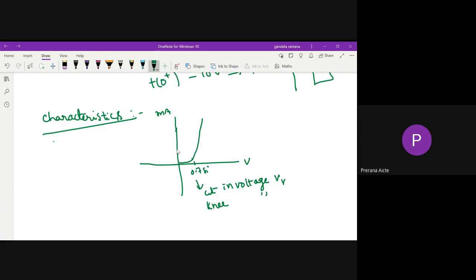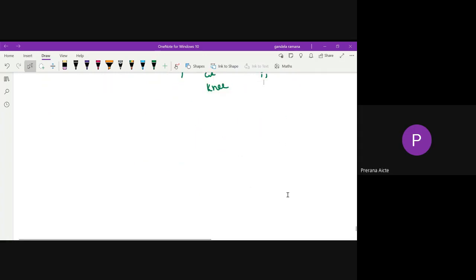What is the diode current equation? I is equal to I naught into e power V by eta Vt minus 1.